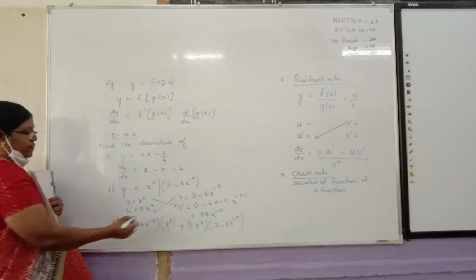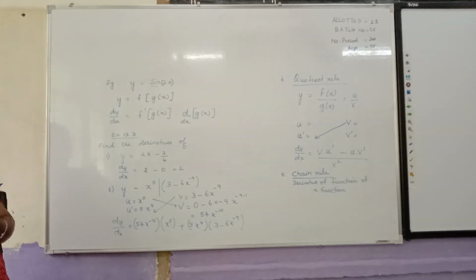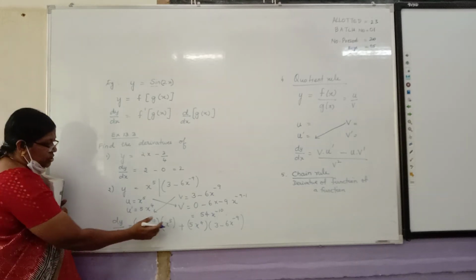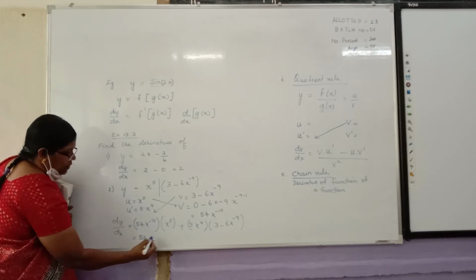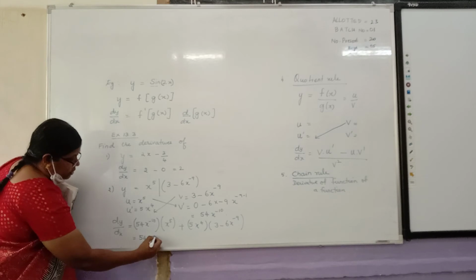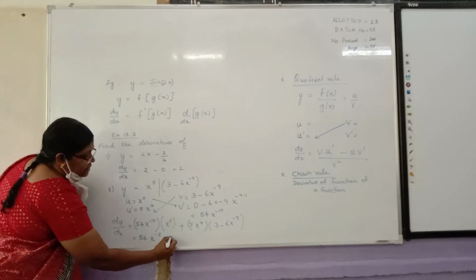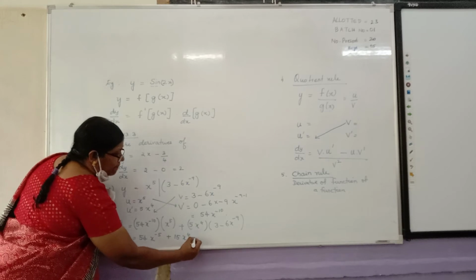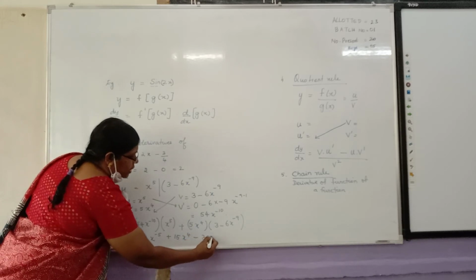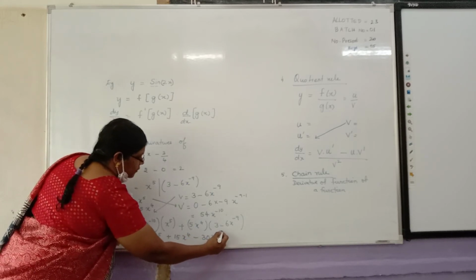So if you simplify, what do you get? 54 x power minus 5 plus 15 x power 4 minus 30 x power minus 5, no?